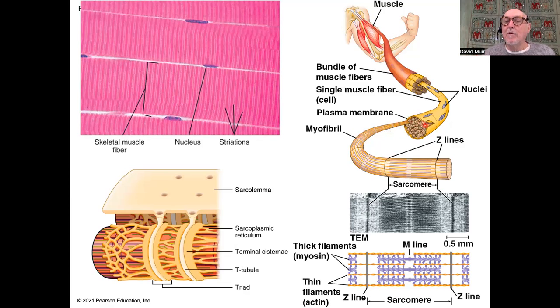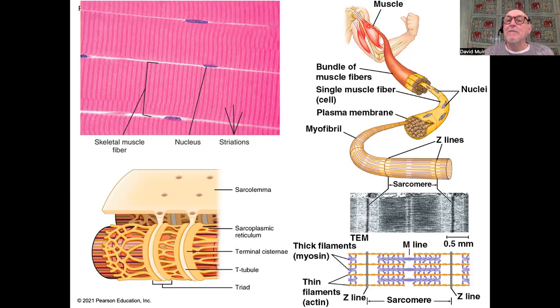Bundles of myofibrils are gathered together on the interior of the muscle cell, which is called the muscle fiber. Many muscle fibers are bound together to form thick muscle units, which all together form the muscle itself.